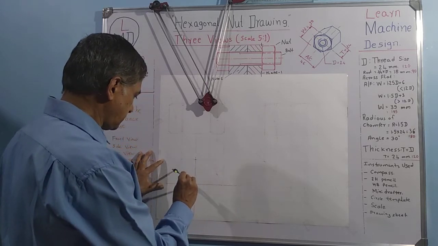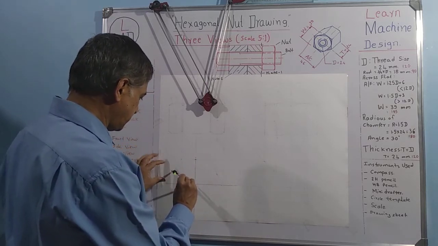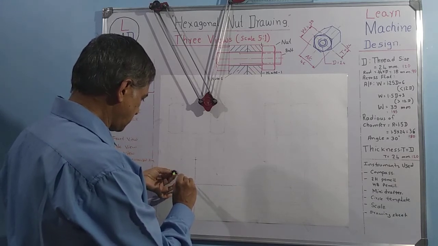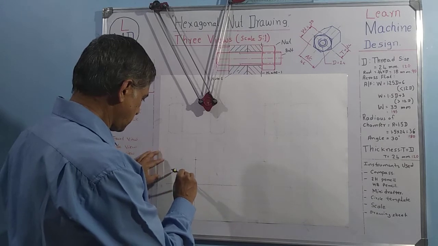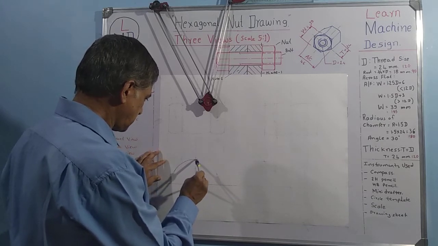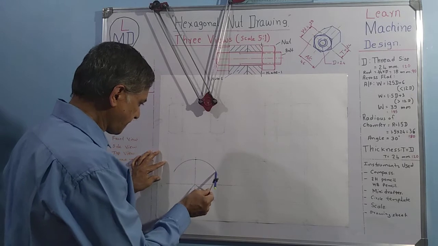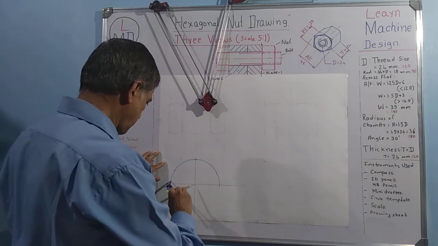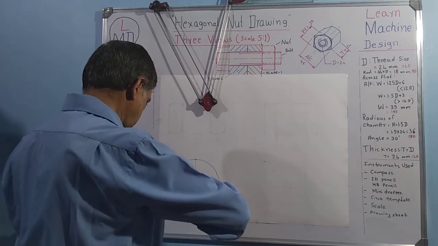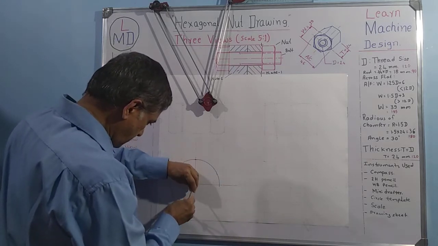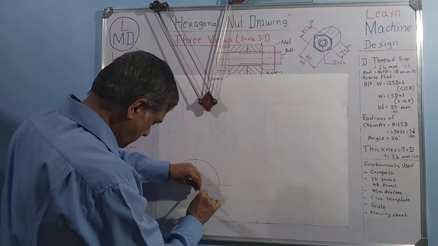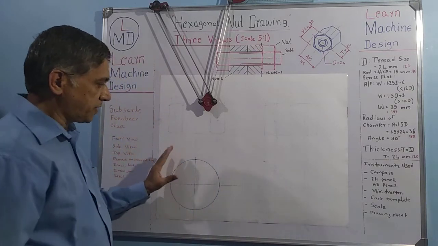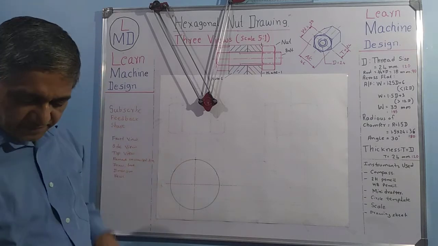We should draw it very carefully. So the across-the-flat circle is now drawn.